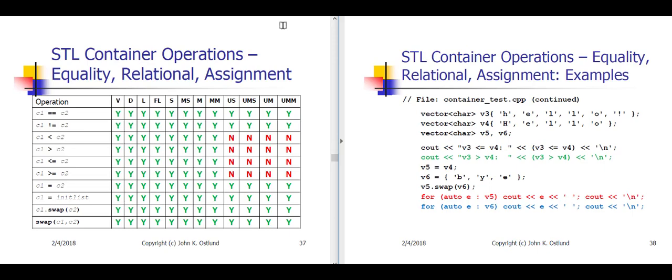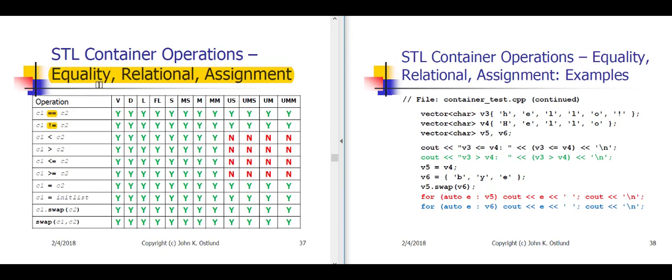Alright, next on slide 37, we're going to take a look at another batch of operations that are common to most of these standard container classes, namely equality, relational, and assignment operations. All of the container types can be compared to containers of the same type for equality and for inequality.